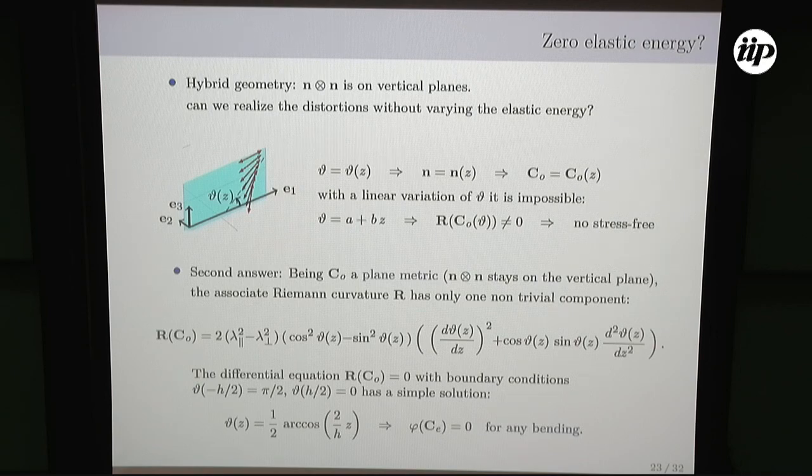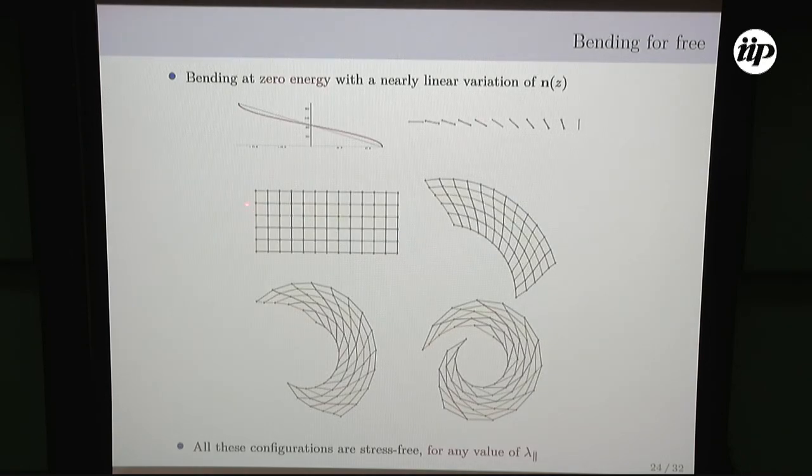And here you have a different configuration realized with distortion, and so distortion changed the shape of this rectangle in this other figure, and all these configurations are stress-free. If you use a dopant to build that beam, you realize a linear variation of the nematic orientation.